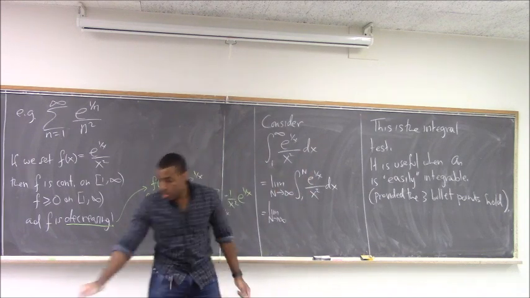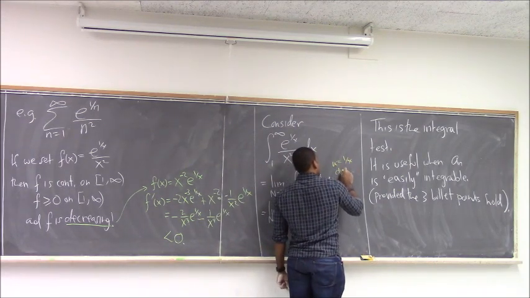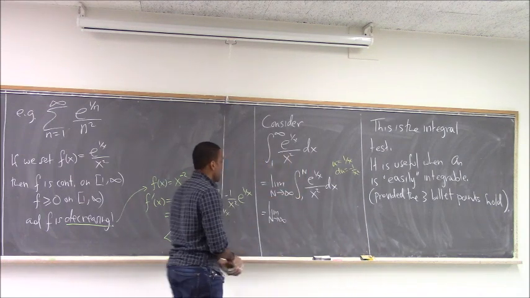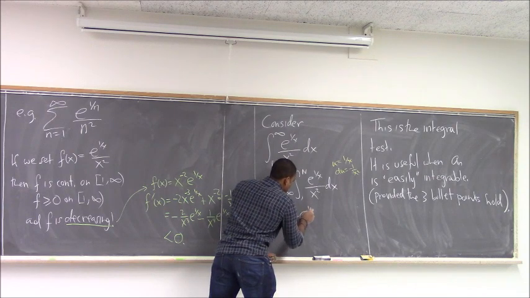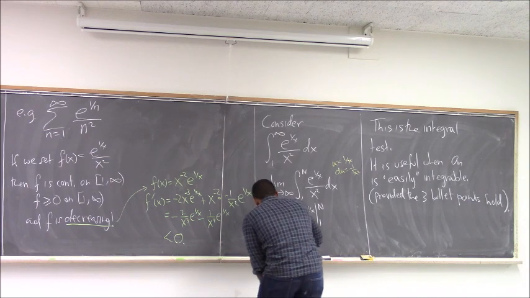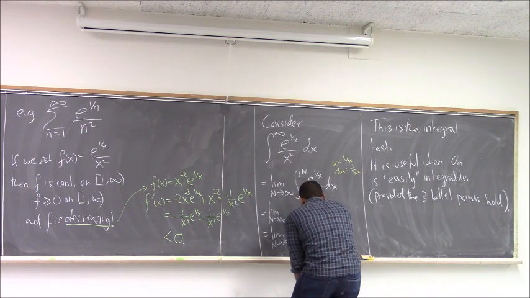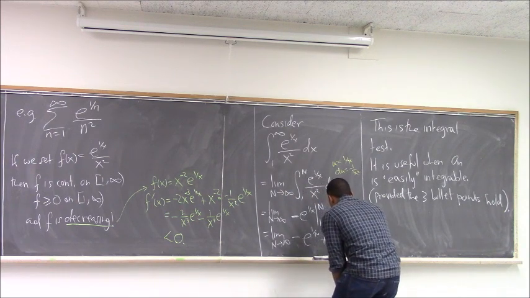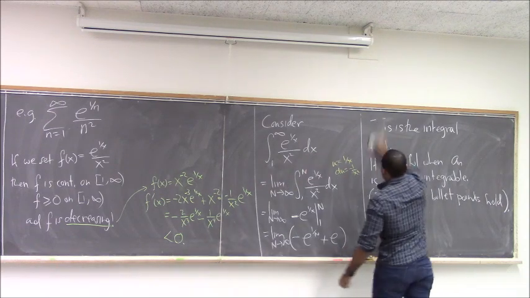Now, of course, you're going to take u equals 1 over x. Your du is going to be that minus 1 over x squared, which is going to give you that 1 over x squared. So this guy actually integrates to minus e to the 1 over x. So I plug in n, that's minus e to the 1 over n plus e. And what's that limit?